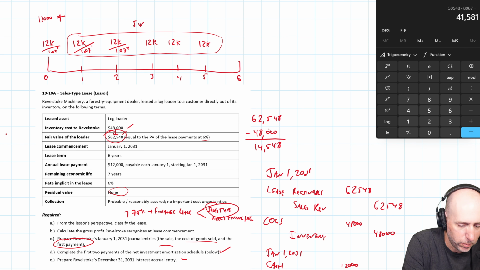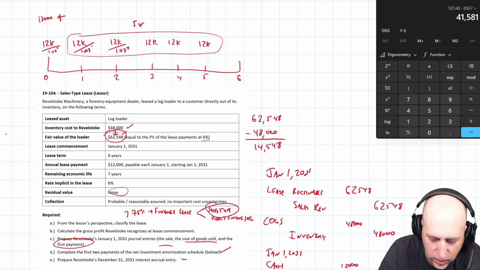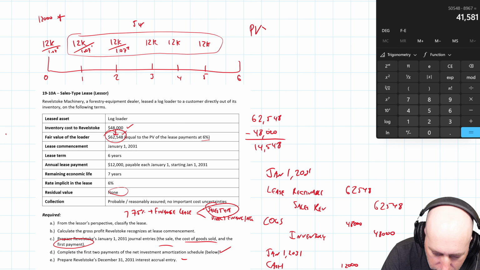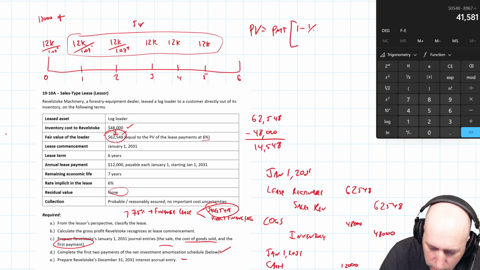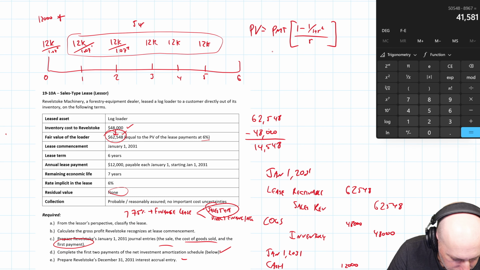So I'm going to go 12,000 plus the present value of this 5-year annuity. Present value equals PMT times (1 minus 1 over (1 plus R)^T) divided by R, where R is our discount rate and T is the number of discount periods. And I might have missed some brackets there, but we've done this often enough. You should know what to do.